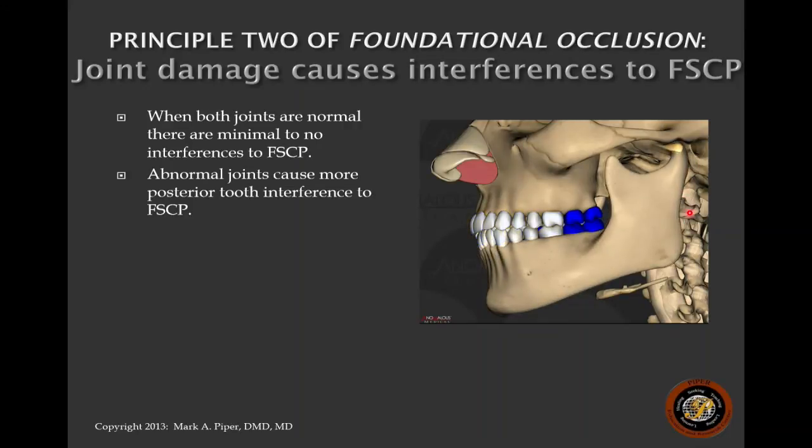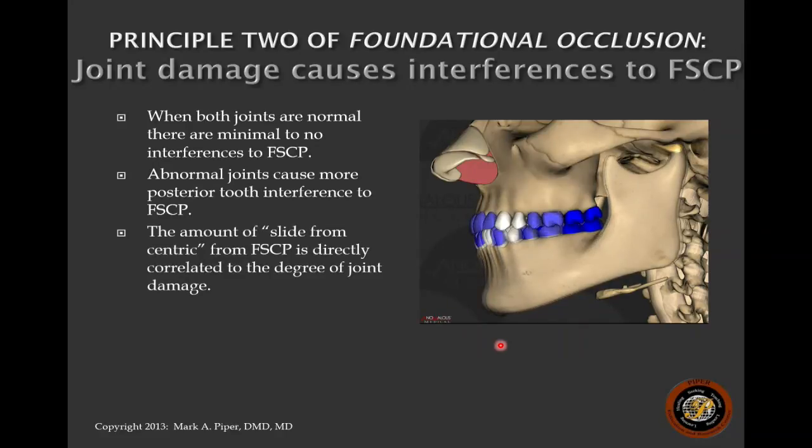Dislocating the disc, and as the disc dislocates, the condyle goes up. We're now premature here. Now this is going to create a much longer slide from centric. Okay, so now watch this animation. In the slide from centric, the condyle has to travel further forward to MIP.